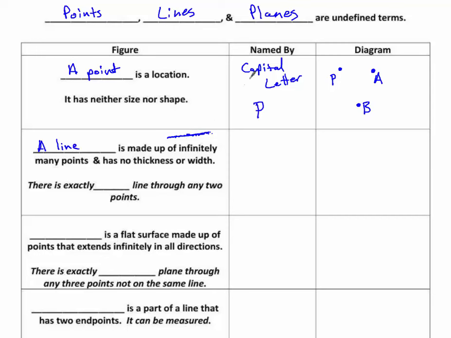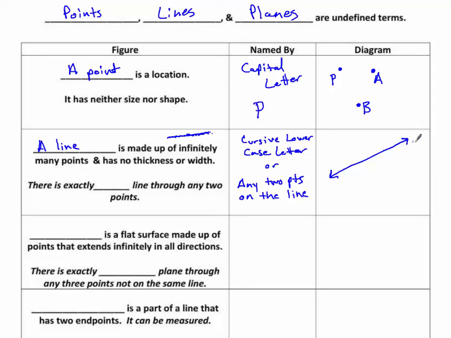The way that we name a line is with a cursive lowercase letter or with any 2 points on the line. I'll show you a little example of what that means. If we have a line, they're always going to be marked with these little arrows on the end. That lets us know that they continue forever in both directions.